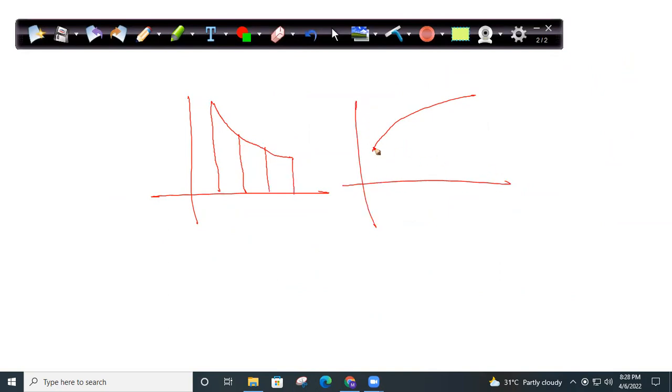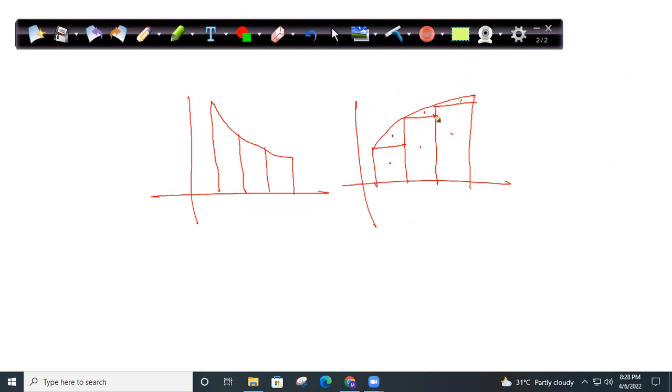For the increasing function also, assume that I'm dividing it into 3 parts. So for an increasing function, if I am using left Riemann sum, the area that you got is less than the actual area because you are missing this part, this part, and this part.